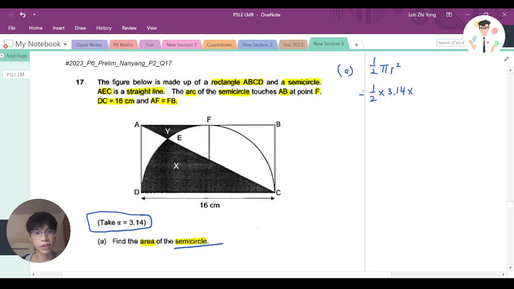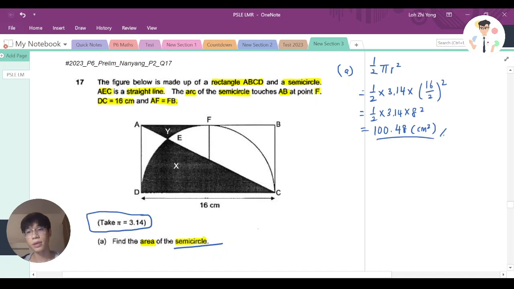What is my radius here? 16 is not my radius. 16 is actually the diameter. So I need to use 16 divided by 2, then I square. So it's 1 half times 3.14 times 8 squared. And if you press your calculator, you should be able to get the answer, which is 100.48 cm square. Okay, simple part A. And part B.